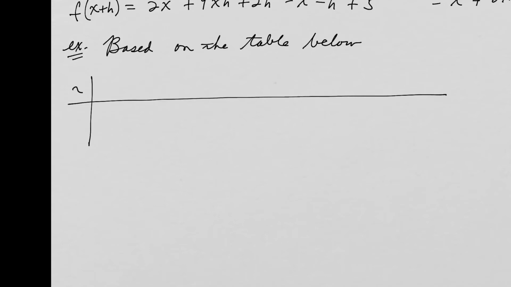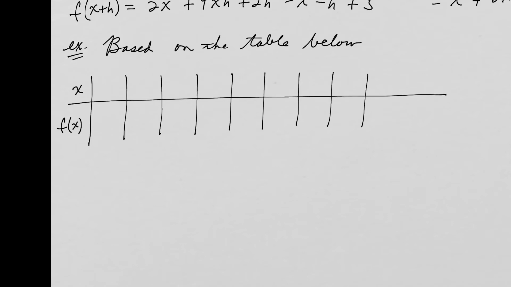I'll do a horizontal table. So this is the input x. The output is going to be f of x. So 0, 1, 2, 3, 4, 5, 6, 7, 8, 9. And let's say those are my input values.